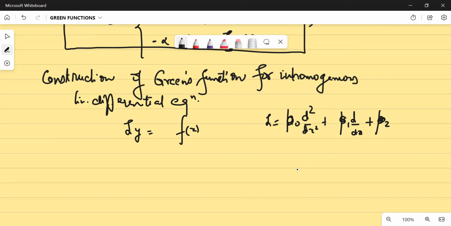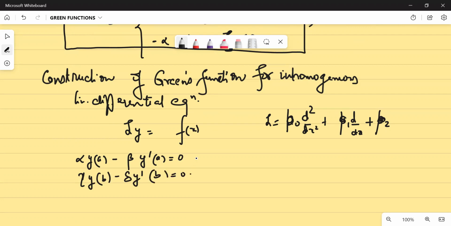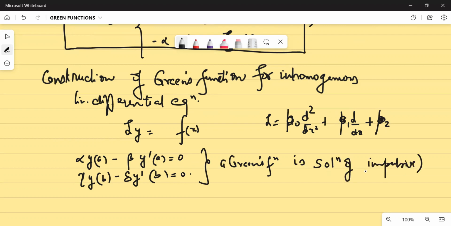So if I had this particular differential equation and given conditions that alpha y(a) minus beta y dash (a) is equal to 0 and gamma y(b) minus delta y dash (b) equal to 0, then Green's function is a solution of an impulsive equation. What do I mean by impulsive equation? Solution of an impulsive equation where your source function is replaced by a Dirac delta function.